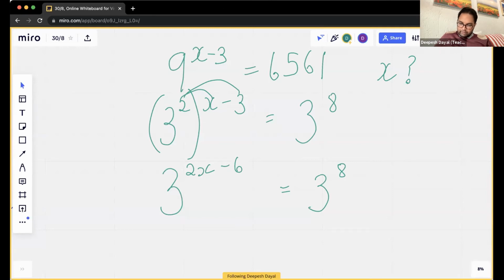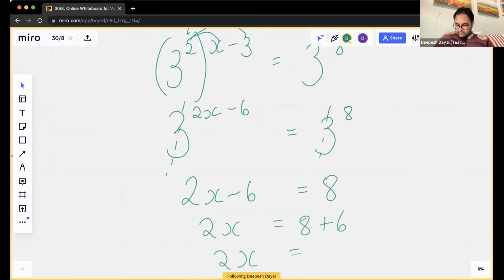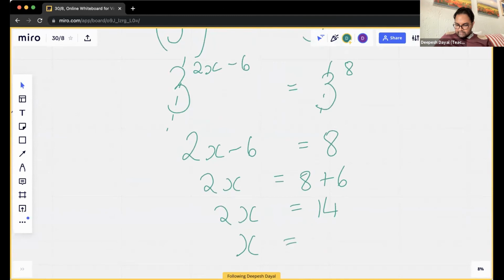Okay, let's see. So we cancel the 3's out here, and then we'll end up with 2x minus 6 equals 8. So 2x equals 8 plus 6. So 2x equals 14. And x will equal 14 divided by 2, which is 7.